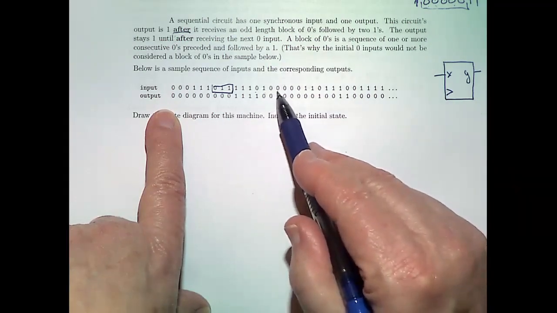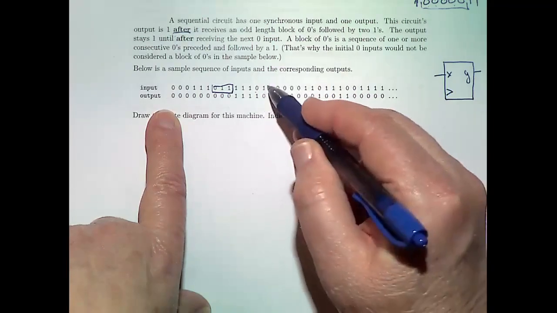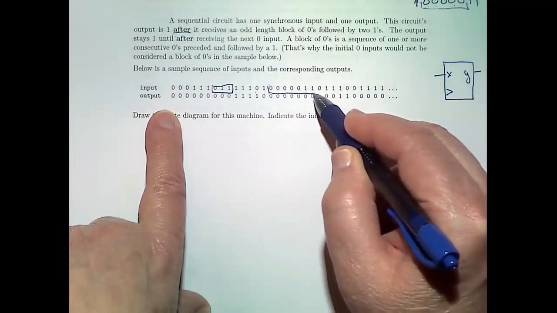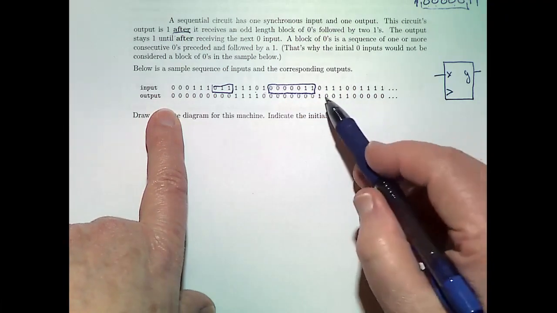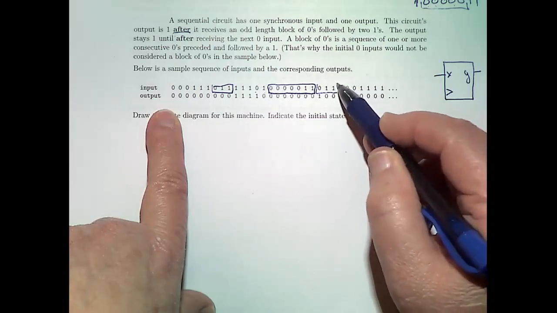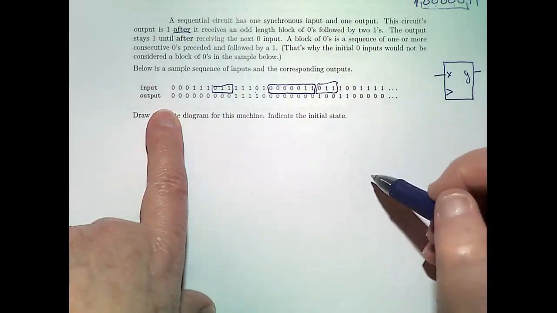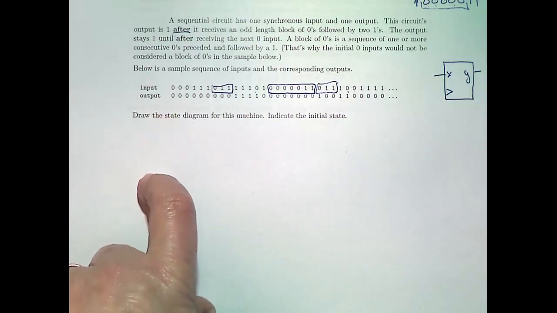Then we have 1, 2, 3, 4, 5. We have 5 here. We have another one here. This is 2 zeros. That doesn't count. 2 is even.